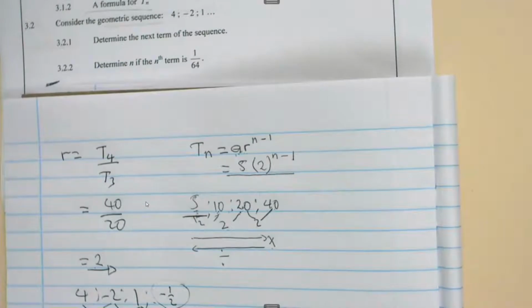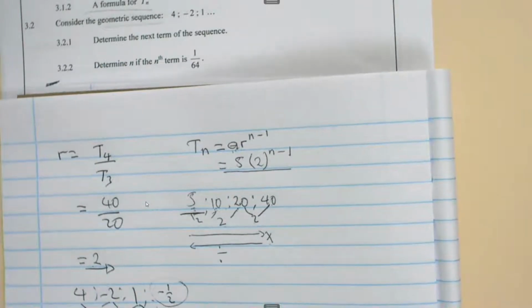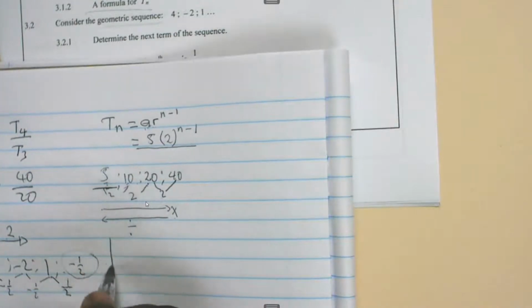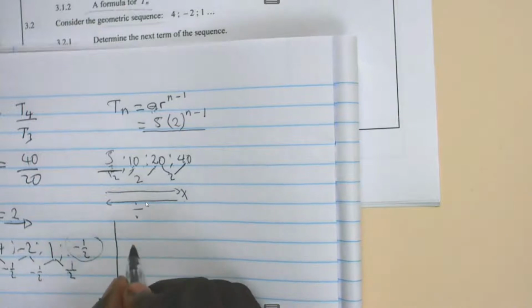Okay, and then the other question there, determine n. If the nth term is 1 over 64, determine the term number of which the term value is 1 over 64. For us to do that, we are going to need the general term. How do we find the general term?